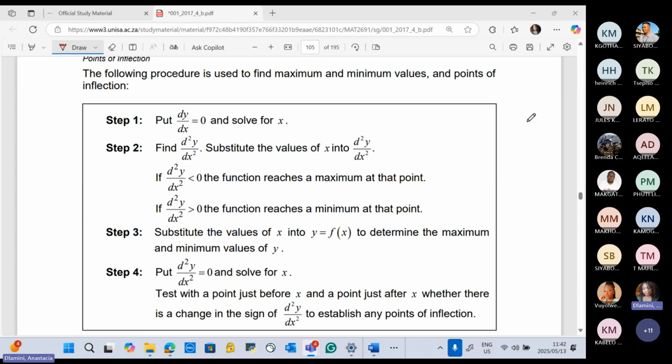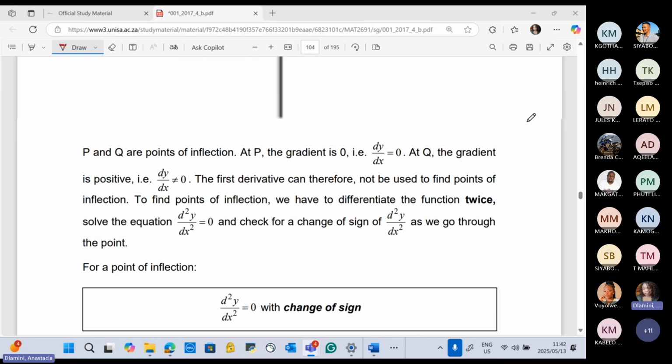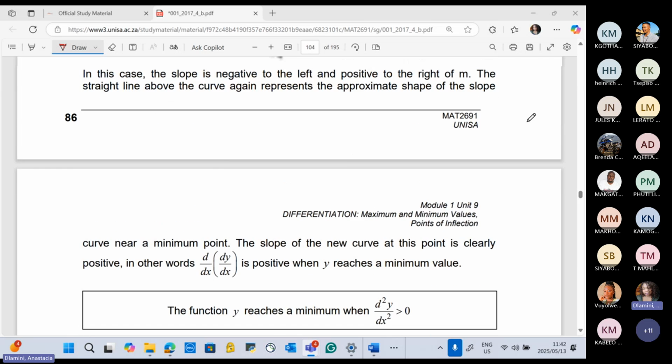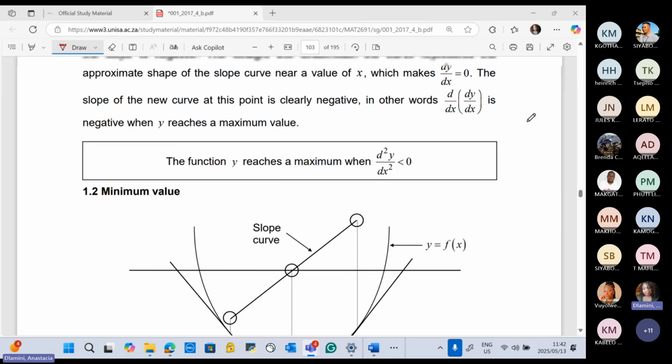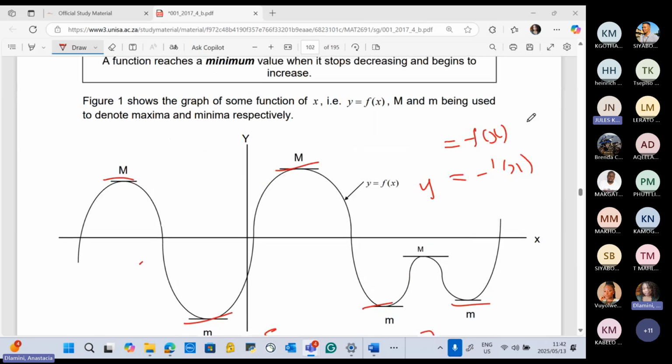For step 1, they say the following procedure is used to find the maximum and the minimum values and the point of inflection. We said that to find the x values for which the first derivative equals 0, the derivative equals 0 here. Do you see that? Yes, ma'am.